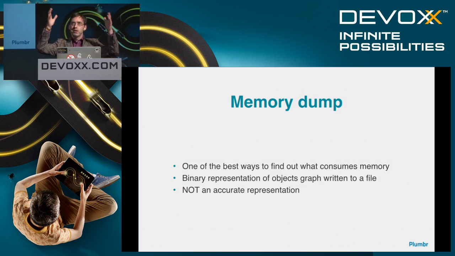We take a running JVM, we take that heap, that memory region, and we dump it into a file. It's not a one-to-one binary dump. It's a binary representation on disk of the object graph in memory. It's not an accurate representation of what was in the heap at the time the memory dump was taken.